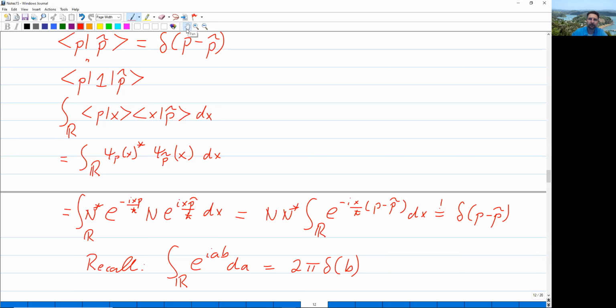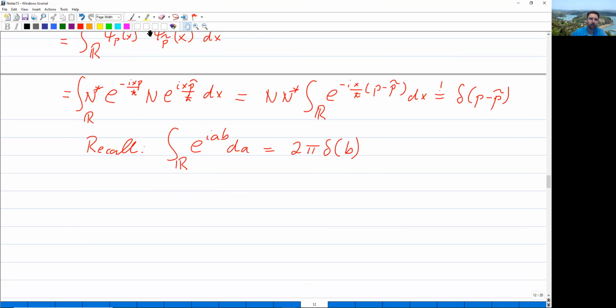If we use that, we can then conclude that n, the normalization constant, has to be 1 over square root of 2 pi h bar, up to a phase, but that phase is chosen equal to 1.